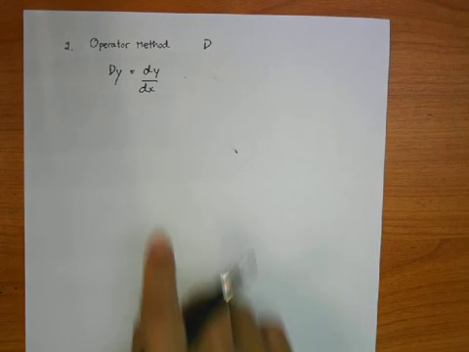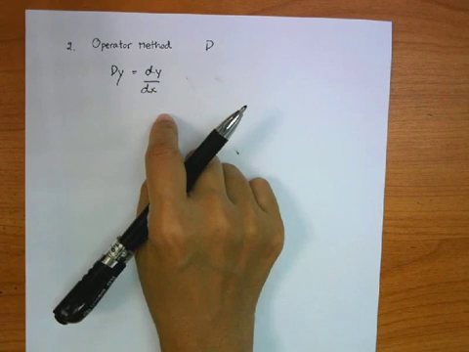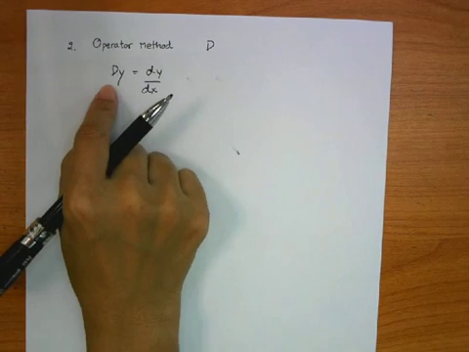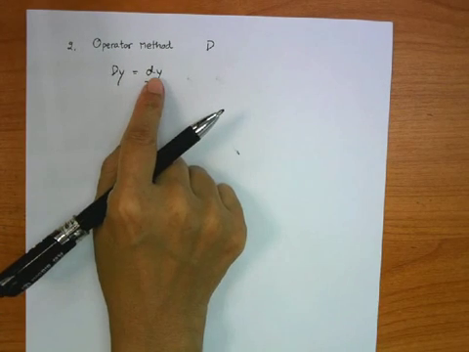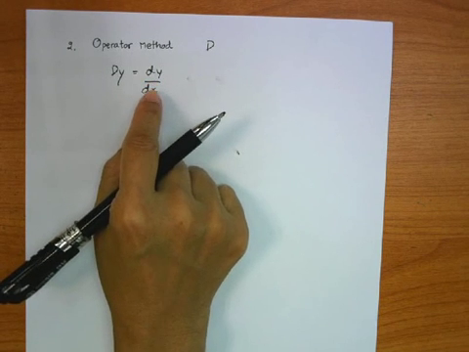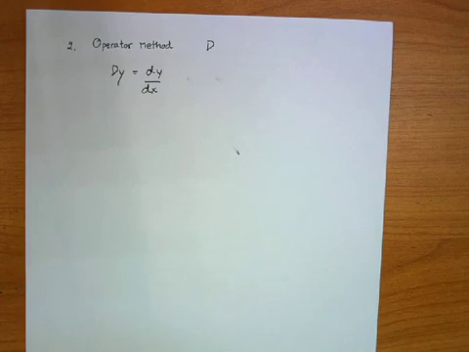It could be dy by dx, or dy by dt, or dy by du. But the meaning of the capital D is the derivative of that function compared to the other variable.